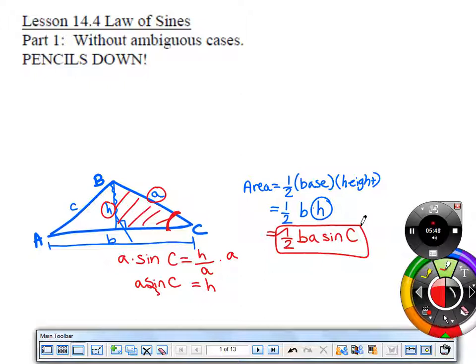Okay? Julia. Do you do that with the side C and A at angle B, or no? Yes. All right. So we didn't have to figure out H using angle A as our perspective, or angle C as our perspective, right?